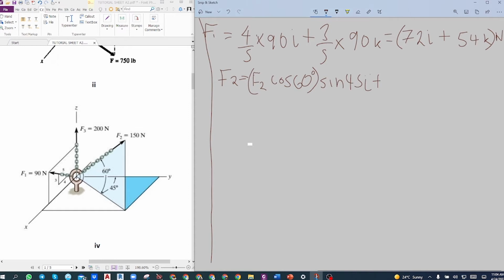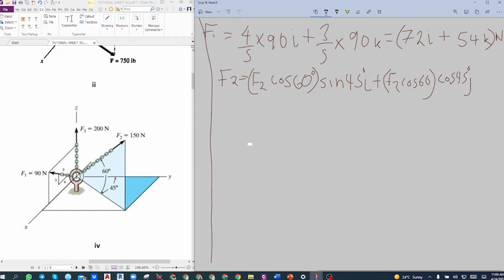It will be the same, F2 cos 60, giving me F prime times cos 45 degrees.